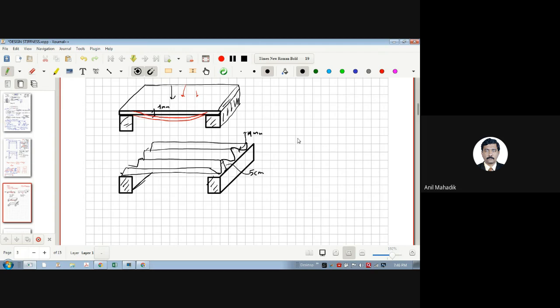If I draw the section, it should look like this. The thickness of this sheet is 1 mm, but the depth of this corrugation is 5 centimeters. Now will it deflect more? No, sir. Less deflection.